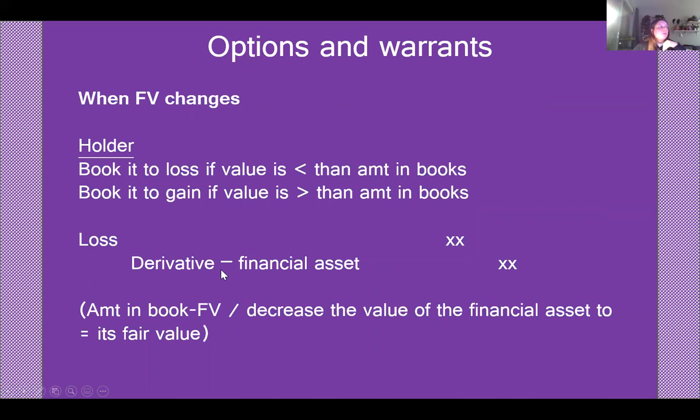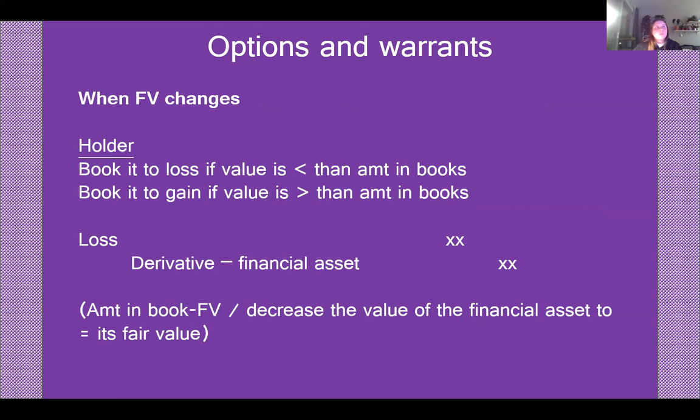When the fair value changes on the contract, the holder is going to book a gain or loss, and the gain or loss is going to depend on the book value that they have in their books, obviously, and the fair market value.